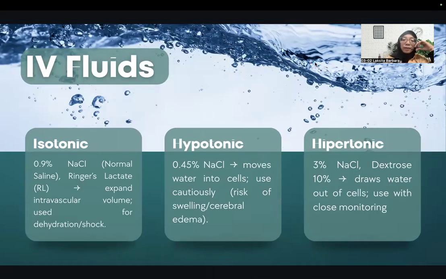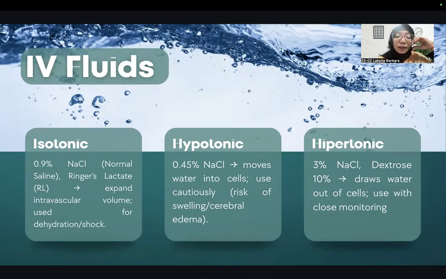When we treat people with fluid or electrolyte problems, we usually use three kinds of IV fluids. It depends on the condition of the patient. The common fluids that we use for resuscitation of a patient with dehydration are usually isotonic fluids.